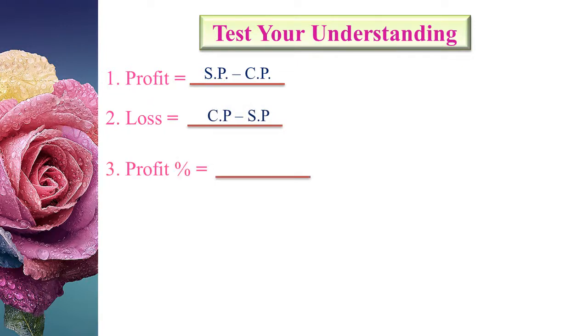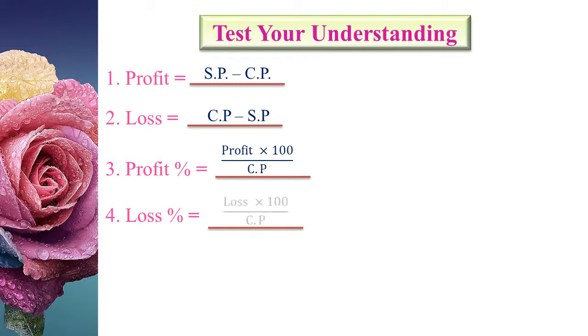Third question, what is the formula of profit percentage? Yes, good. Profit into 100 by cost price. Fourth question, what is the formula of loss percentage? Yes, very good. Loss into 100 by cost price.